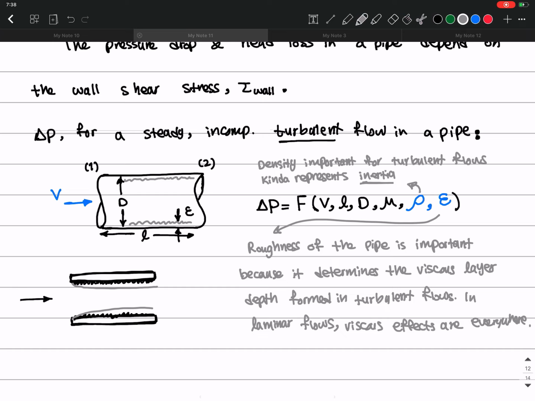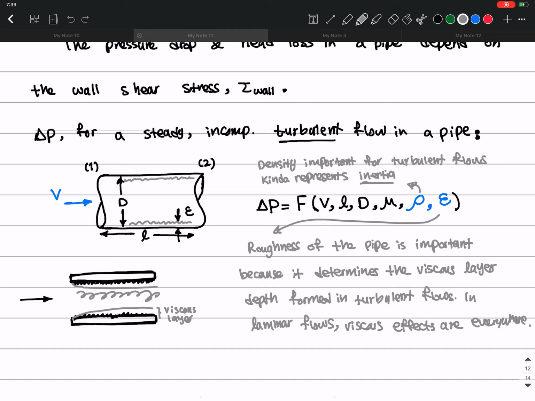We will have some region here which we call the viscous layer, and the rest of the flow is going to be very turbulent, because of the high velocity and high inertia that it has.